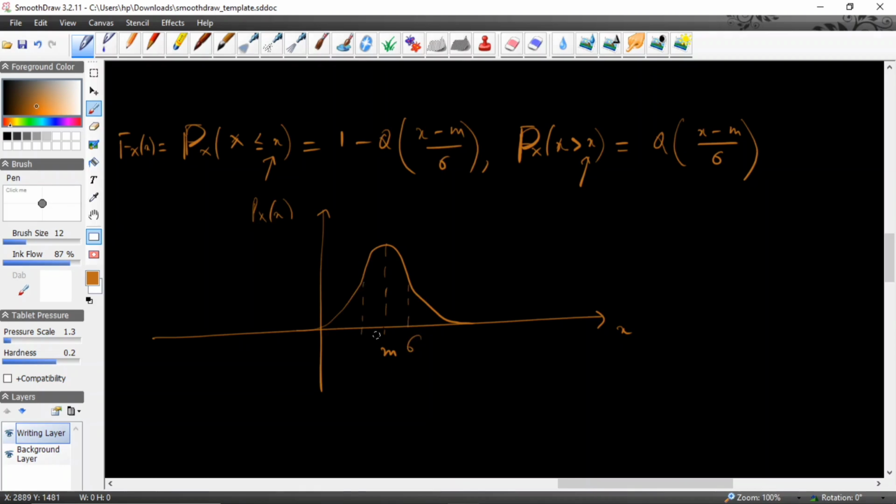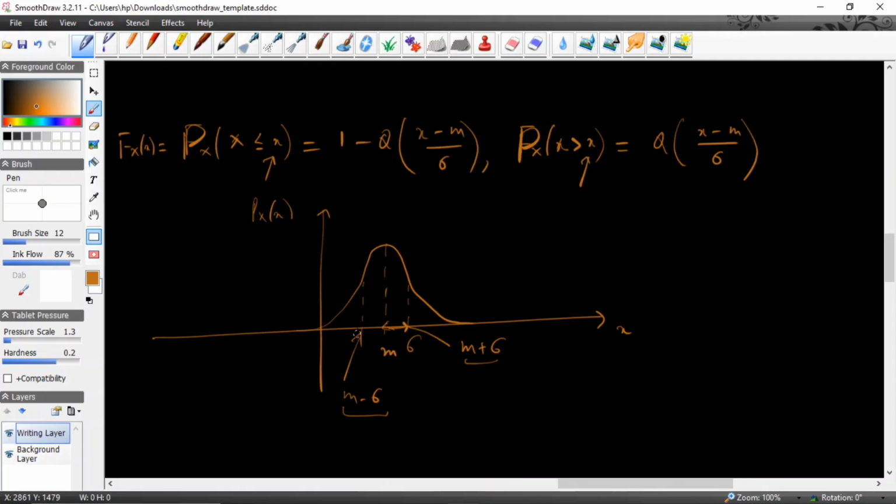So this point is m plus sigma, and this width is sigma, which I call the standard deviation, and the square of this is the variance, and this point is m minus sigma.